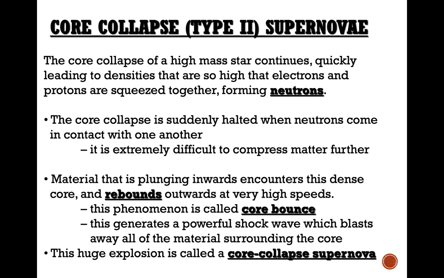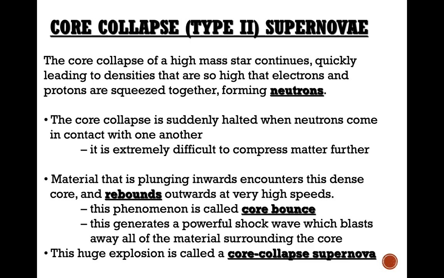This generates very powerful shock waves, which blast away the materials around the core, and basically all these materials will be ejected out. This is what we call a core collapse supernova, or type 2 supernova. So this is how a supernova is created, especially this type of supernova.